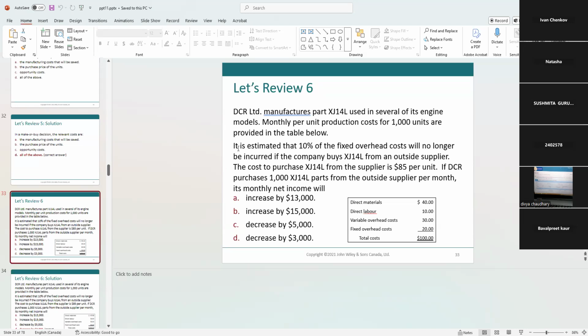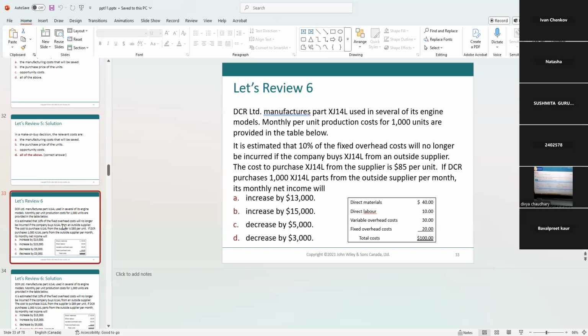So in this case, it's estimated that 10% of the fixed cost no longer is going to be there, and the cost to purchase from the supplier will be $85. If this company purchased this from the outside supplier, what will be the monthly cost? And you have information about the other costs.